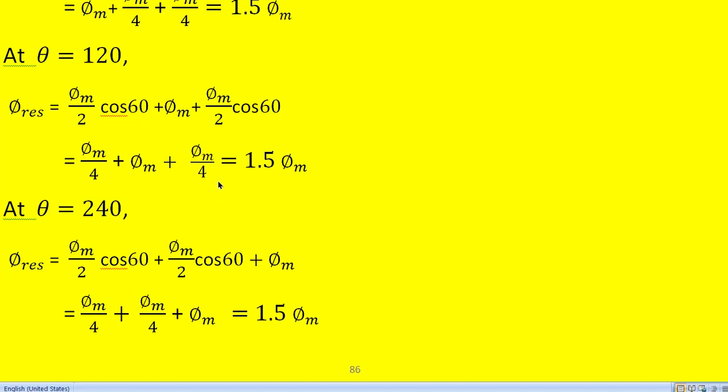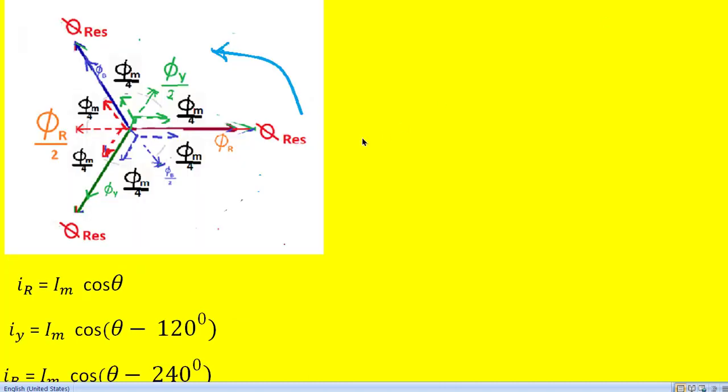This means the flux is rotating in one direction with a constant magnetic flux. We can see the direction also here. Look at this: R phase is moving like this, then followed by Y phase, then B phase, rotating in this direction.